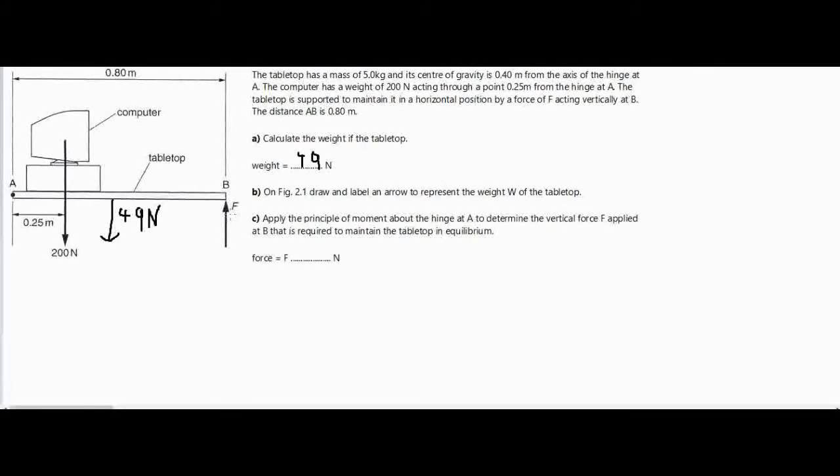So what you'll notice is that the force F is going in the anti-clockwise direction, pushing this thing anti-clockwise. Meanwhile, the weight of the computer and weight of the table are pushing it in the other direction.